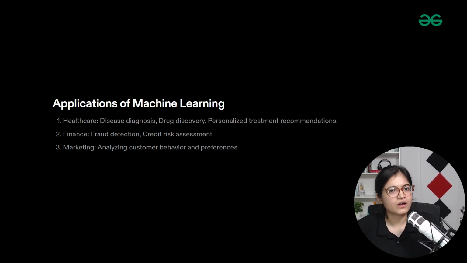And apart from this, it's not that machine learning is only in these sectors. Nowadays, machine learning is, I think, everywhere, in every other sector, whether it be edtech. In edtech, again, companies are using machine learning algorithms to recommend the courses which a student should buy depending upon their interest.